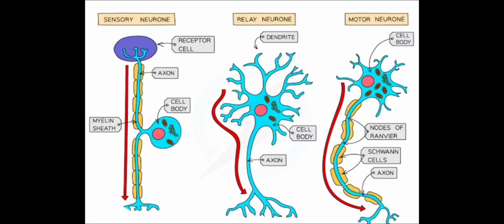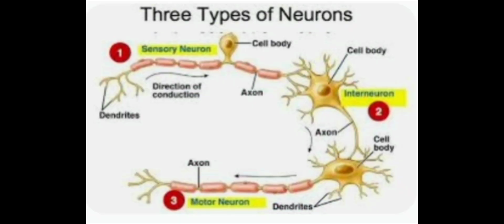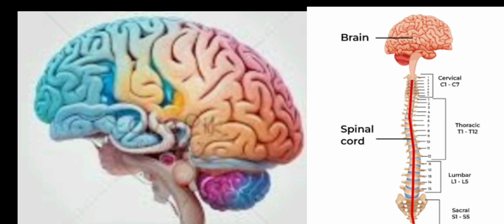They carry impulses from the central nervous system to a muscle or gland. They are always multipolar in nature. Then there is the interneuron that sits between the above two types, shuttling signals around the system, usually confined to the central nervous system. They are mostly multipolar in nature.